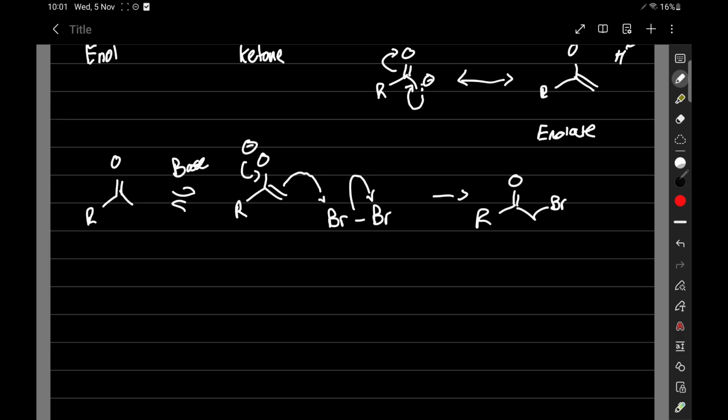And we've now added a bromine onto our alpha position. So the oxygen doesn't react normally. The carbon atom reacts.